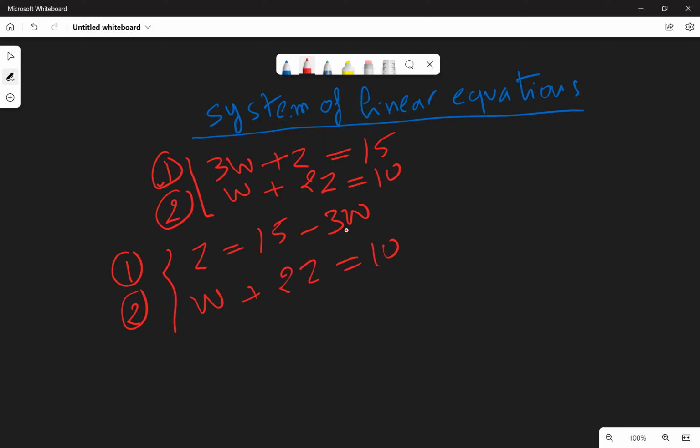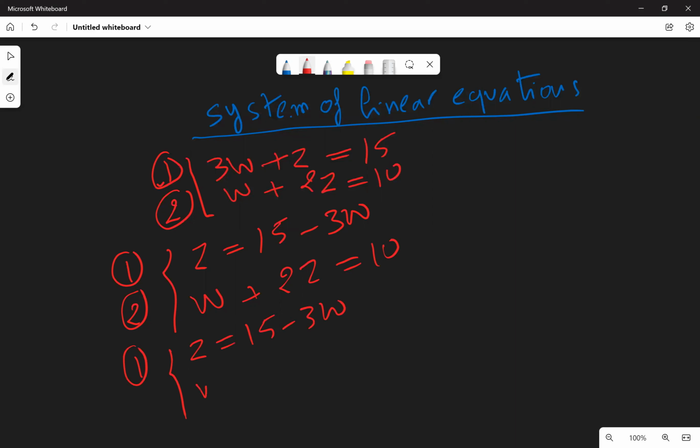Now that we have z written in terms of w, we can go ahead and substitute for z in the second equation. Substitute 15 minus 3w for z in the second equation. Leave the first equation the same, z equals 15 minus 3w.